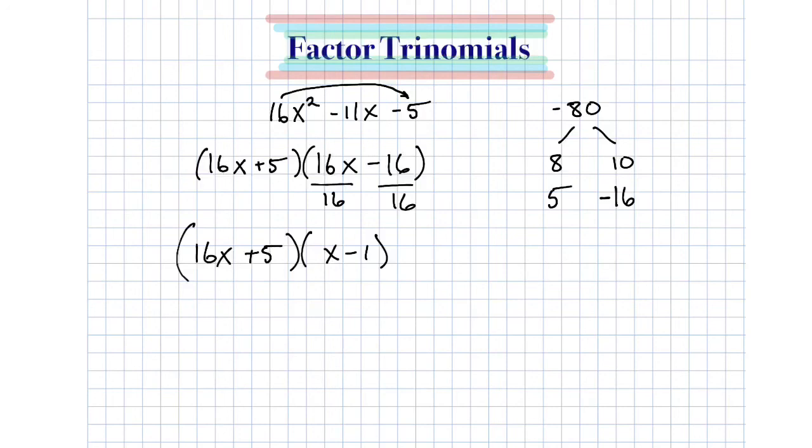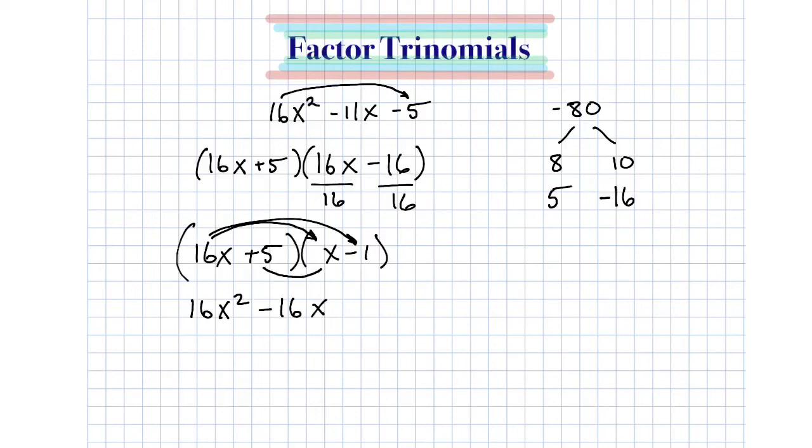Now let's go ahead and multiply these two back through and see if we can come up with the original trinomial that we started with. To do that, we're going to say 16x times x, 16x times minus 1. So 16x times x will give us 16x squared. 16x times minus 1 will give us minus 16x.